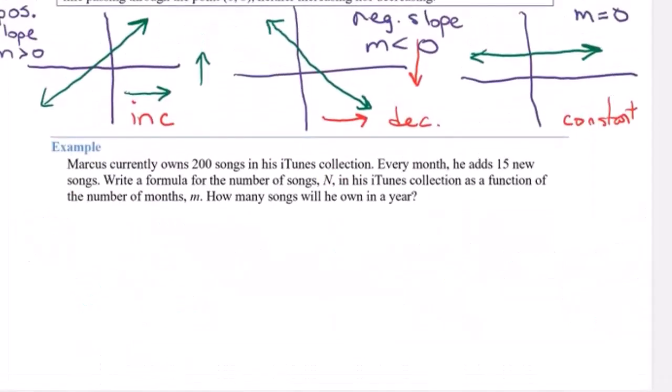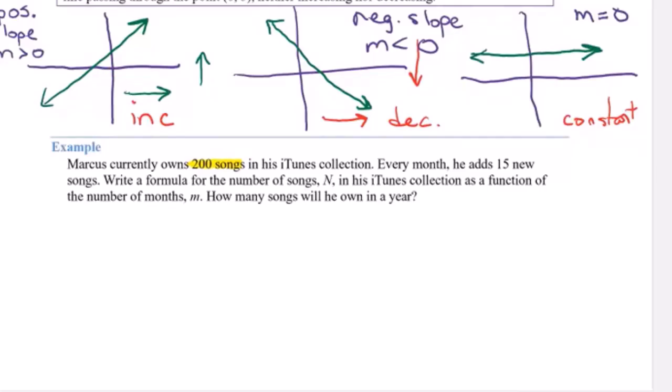And here we have another example. So let's see what exactly we're going to look for. I'm going to highlight the important things. Marcus currently owns 200 songs in his iTunes collection.